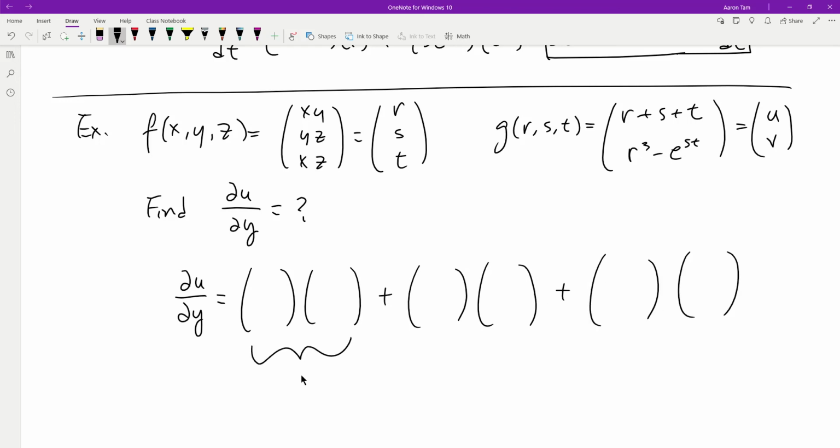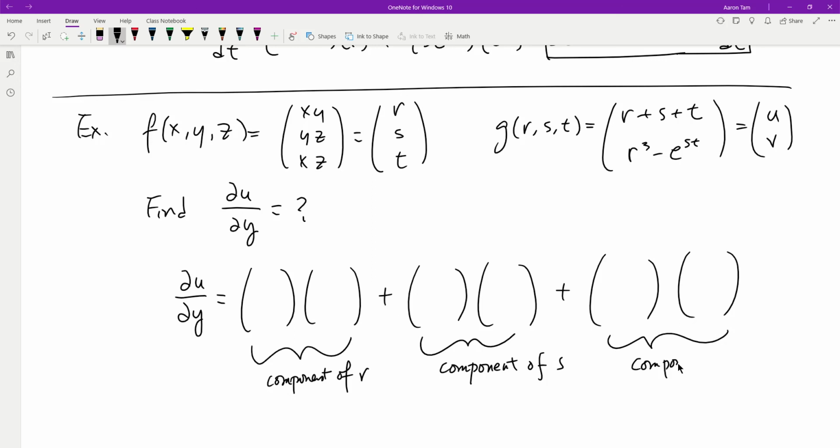The first one is the component for r. The second one is the component of s. The third one is the component of t.